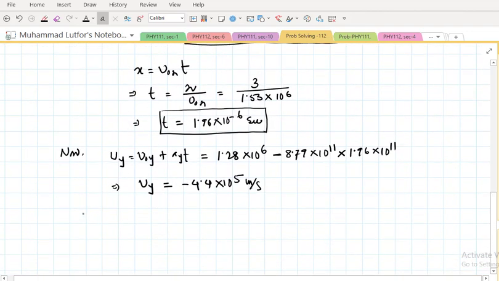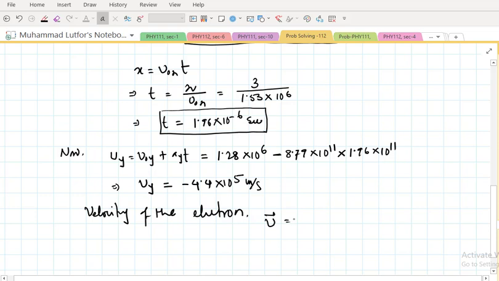Right? Now we can write down the velocity of the electron when it hits the screen.